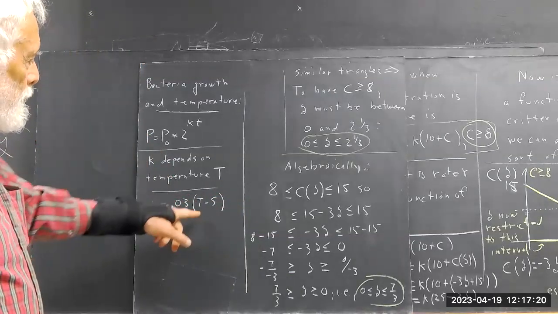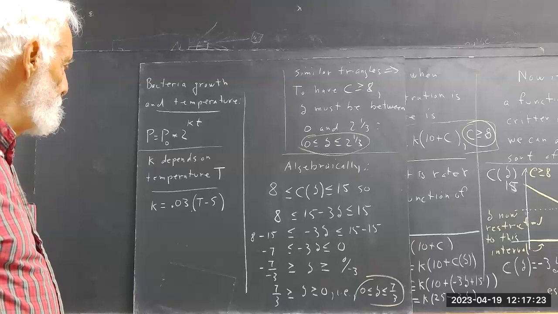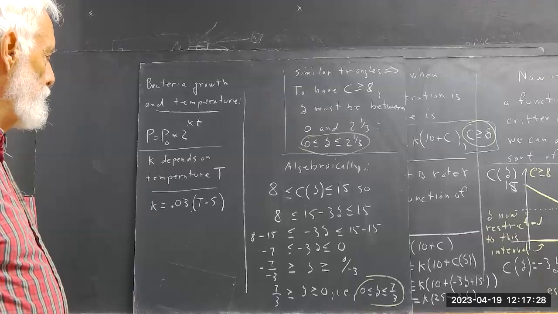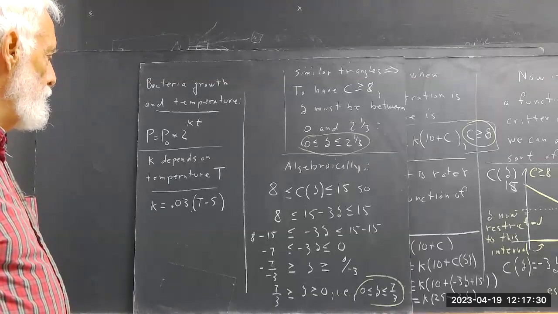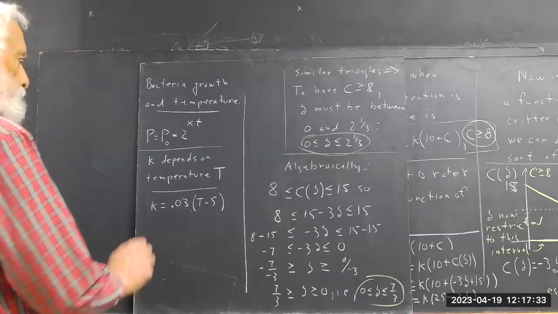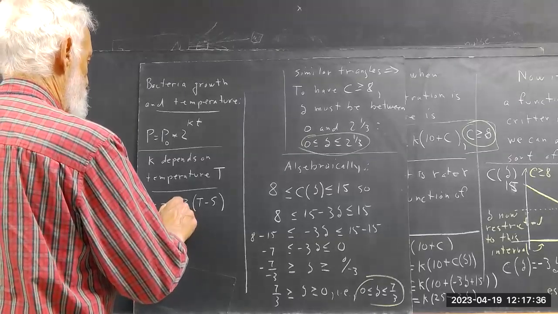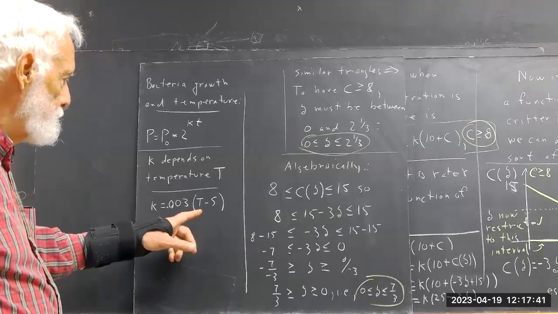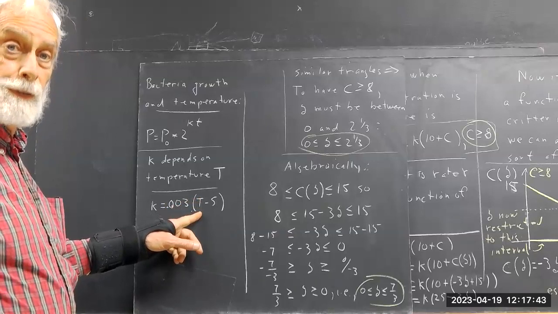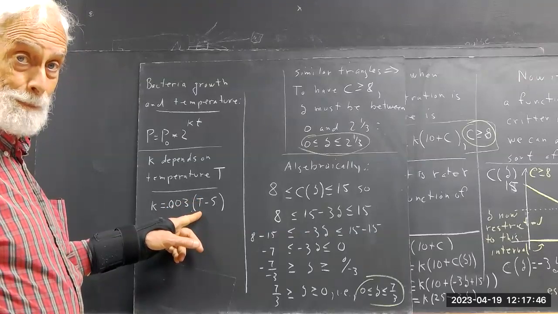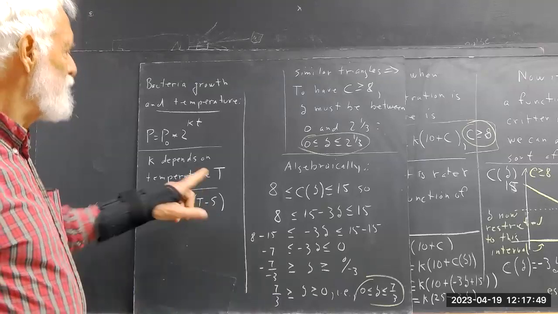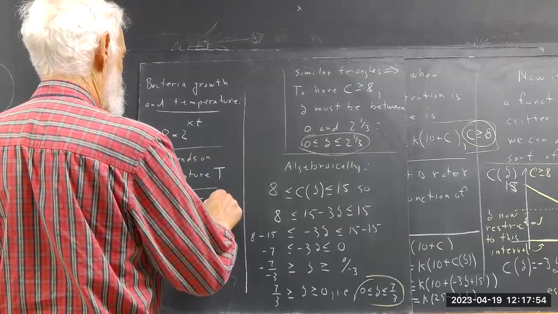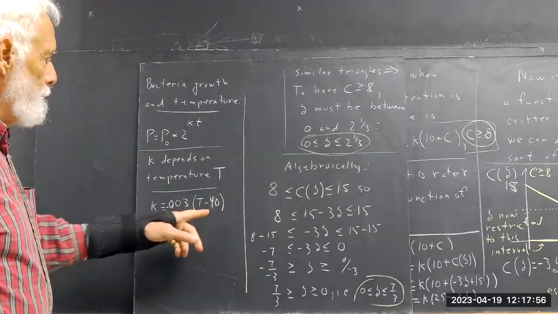Now it's understood that T is measured in Celsius degrees. Let's go to Fahrenheit, that'll make sense. T minus 40.